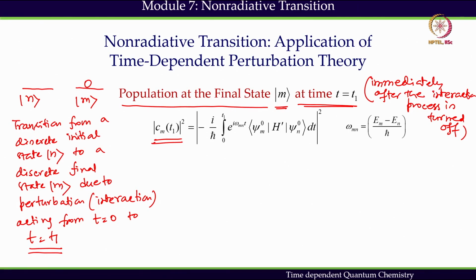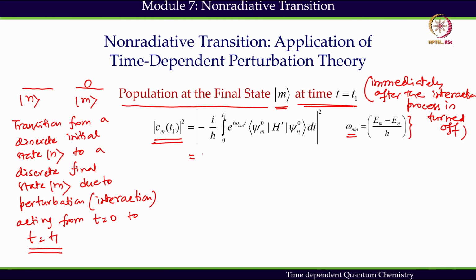This is the result of first order time dependent perturbation theory, where omega_mn is given by the energy difference. So this is something which we get directly from first order time dependent perturbation theory.